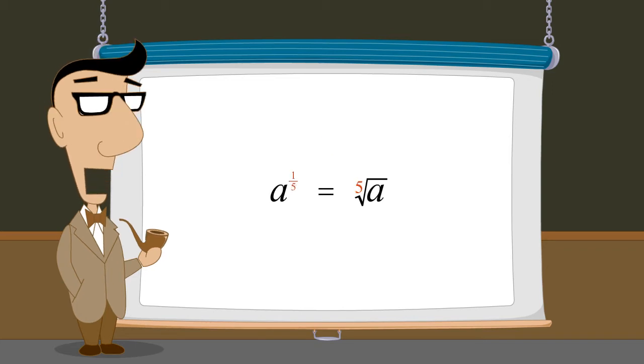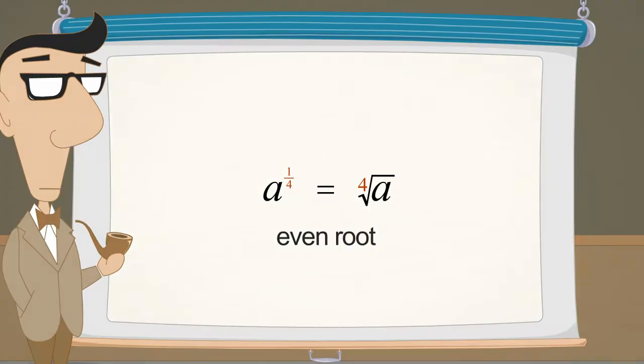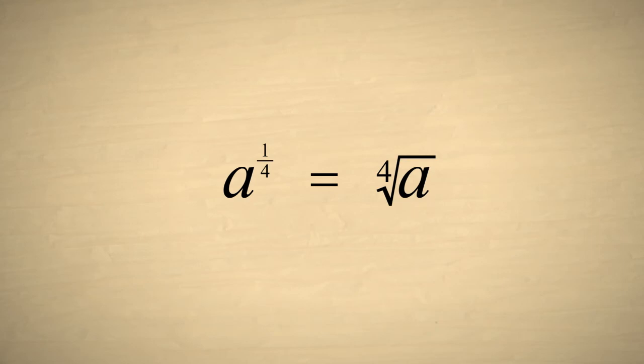When the index is odd, we say that the root is an odd root. And when the index is even, the root is called an even root. Let's say that we have an index of 4. So we have a to the 1/4, or the 4th root of a.